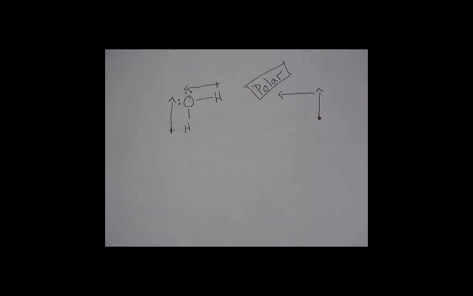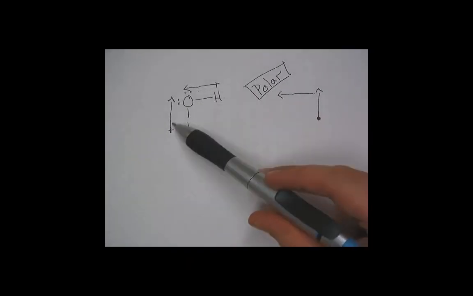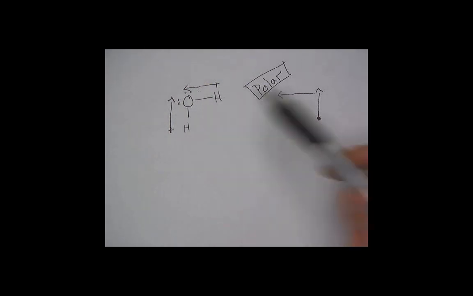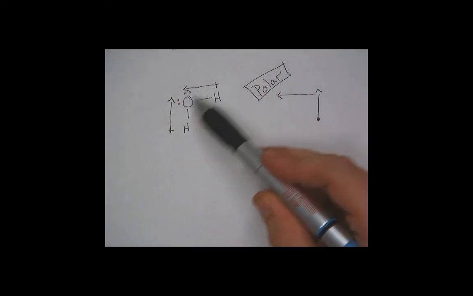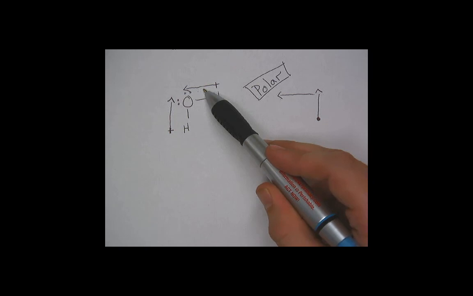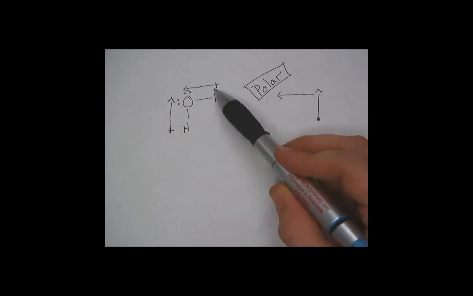So now, just out of curiosity, thinking about how these two arrows should add together, could you draw the net dipole of this molecule? The sum of two lines that are at right angle to each other is the line that bisects those two lines.